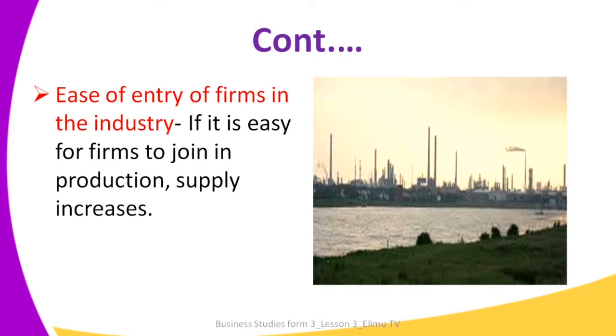On the other hand, if it is not easy for other farms to join in production of a product, supply will decrease, because only the farm that is producing will continue to produce. Therefore, supply will remain low. But if there is ease of entry, you find that more goods will be produced.